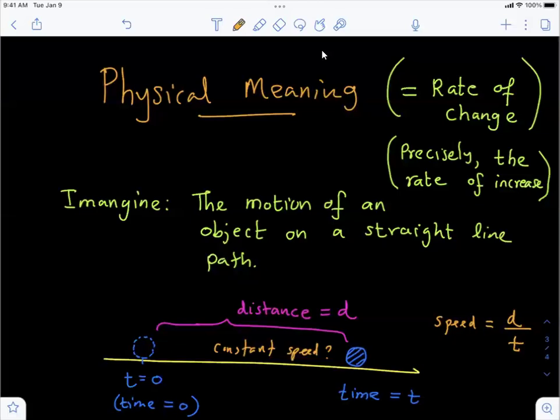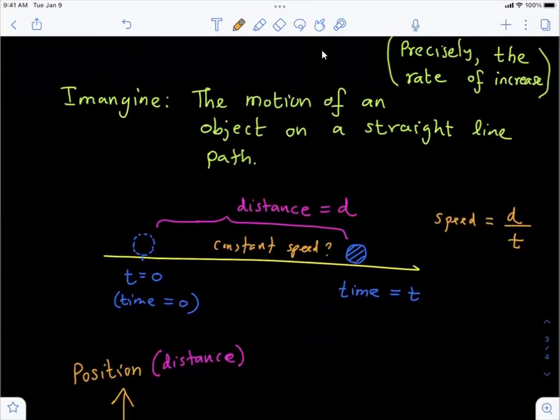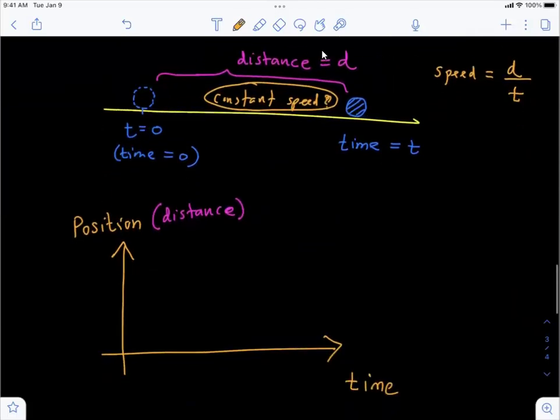So the real question is, can it be constant speed? Let me show you. I will have that constant speed with a question mark, because that's a big question mark. Now, to explore it a little more, let me show you. If the speed is constant, this is how it would look.